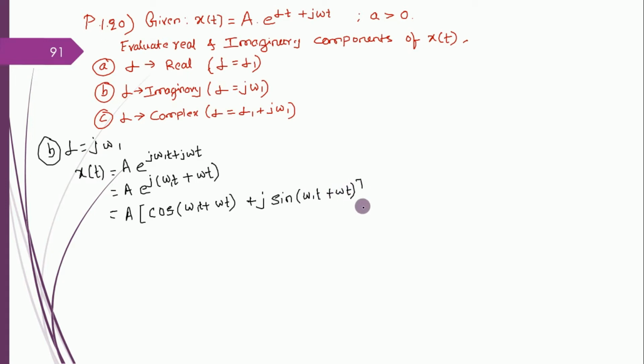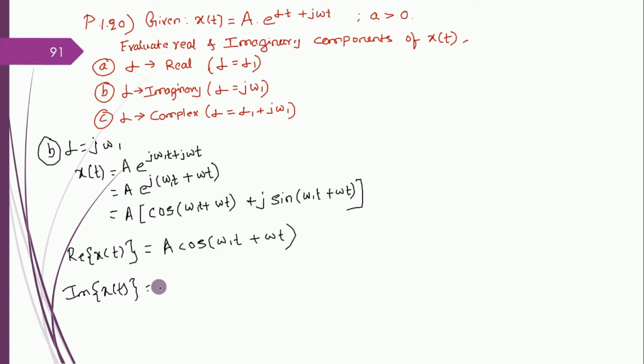So A is related to both of the components. If I ask you to write the real component of the given signal, your answer, other than j, is A into cos of omega 1 t plus omega t. Similarly, the imaginary part of x of t is A into sine of omega 1 t plus omega t. That's it. This is about B.